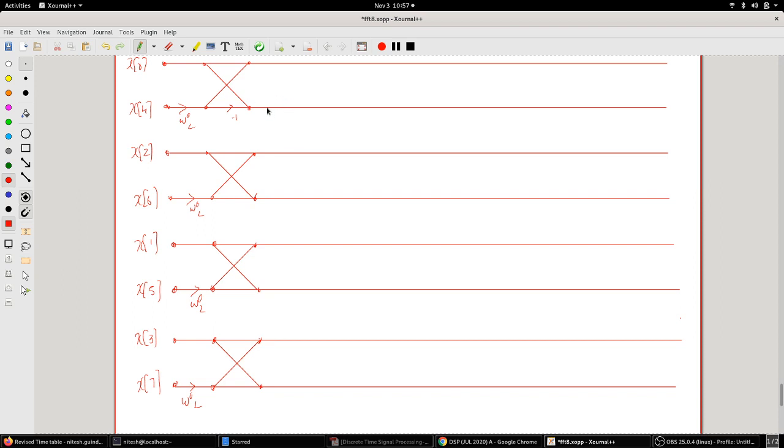This 2-point DFT has to be now converted into 4 points. So the 4 points will be: this will be multiplied with W0 of 4, this will be multiplied with W1 of 4, this will be multiplied with W0 of 4 and this will be multiplied with W1 of 4. So you'll get these points now. Okay, so this guy will be going here.